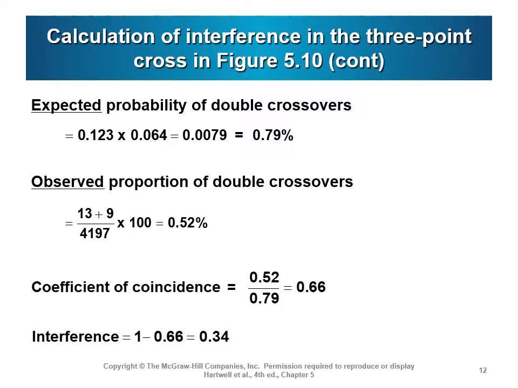And then the observed proportion of double crossovers will be 13 plus 9 divided by 4197, times 100 for percent, which is 0.52%. The coefficient of coincidence was the ratio, if we remember from two slides before. That will be 0.66, and the interference would be 1 minus 0.66, which is 0.34. So now we can see that whatever we were talking about actually has an application, and we can use it to calculate some measurements.